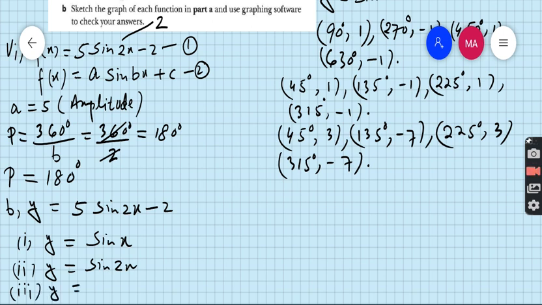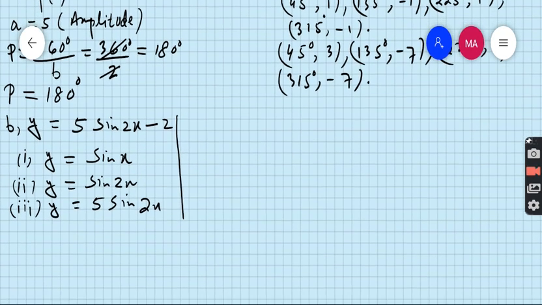The third one is y is equal to 5 sine 2x, and the fourth one should be the final equation, that is y is equal to 5 sine 2x minus 2. So we will draw 4 graphs. Start.